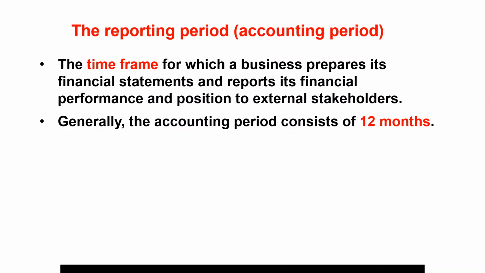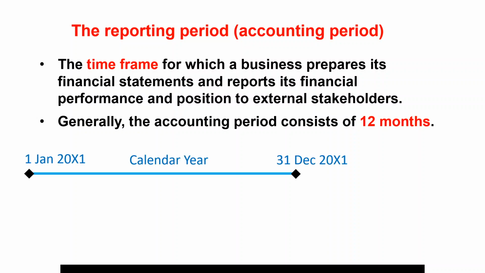For the external stakeholders, the financial year is usually 12 months. For the internal purposes, managers' decision-making timeframes could be less than 1 year. So let's take an example. Our calendar year falls from the 1st of January to the 31st December, but the reporting period could be different.